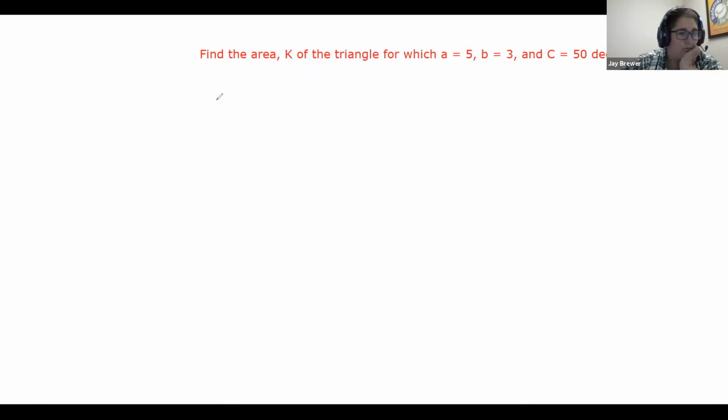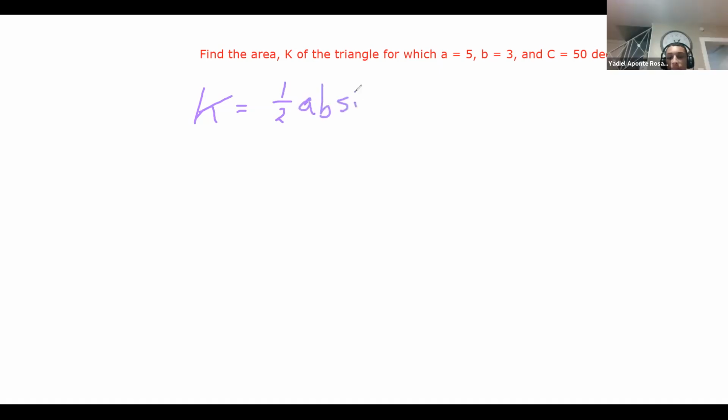All right, so first off, let's consider our solution formula. So we have A, B, and the angle is C. So what formula do you think is going to help us out? 1/2 a times b times the sine of c. There you go. So obviously we want to use the one that employs all the things that we have.